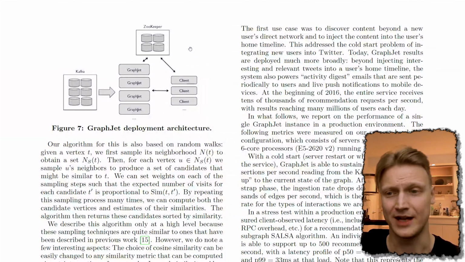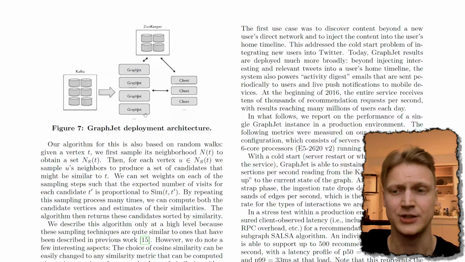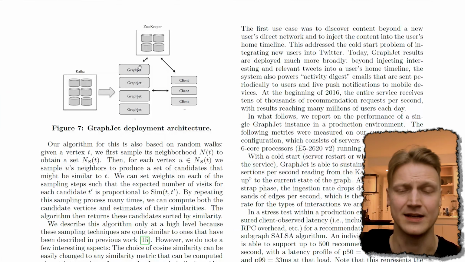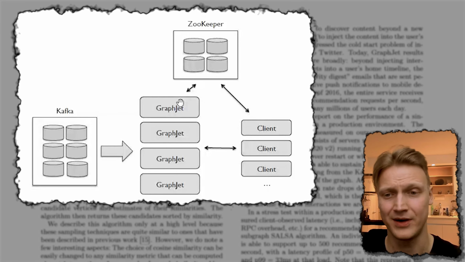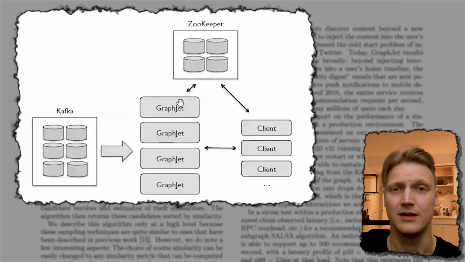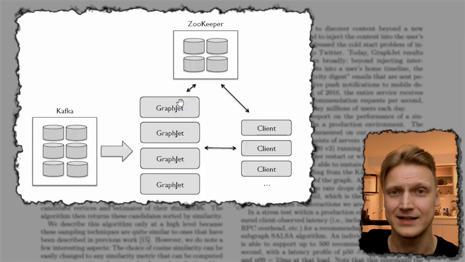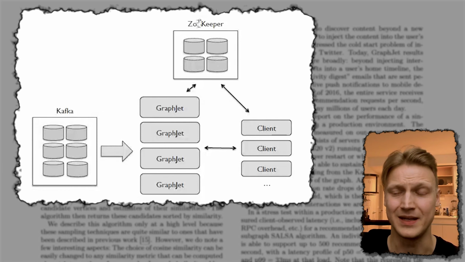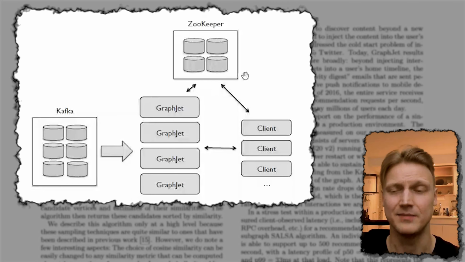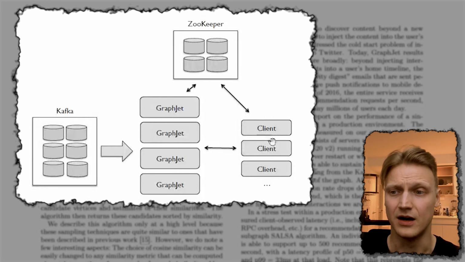The deployment architecture is trivial, just a bunch of GraphJet servers, a single instance of which with at least 30 gigabytes of memory is able to hold a graph with a size of 10^9 edges. There's a ZooKeeper cluster keeping an eye on all those servers and providing service discovery for the clients.